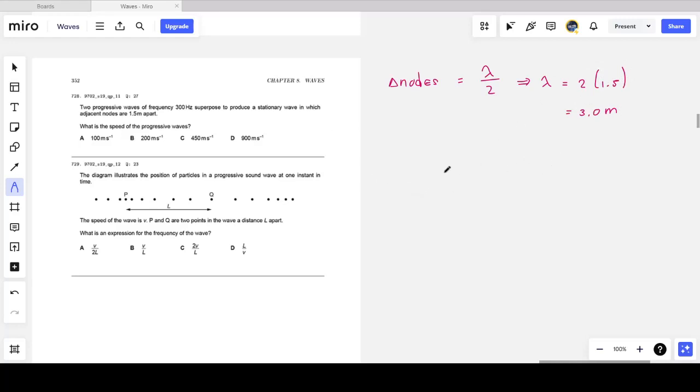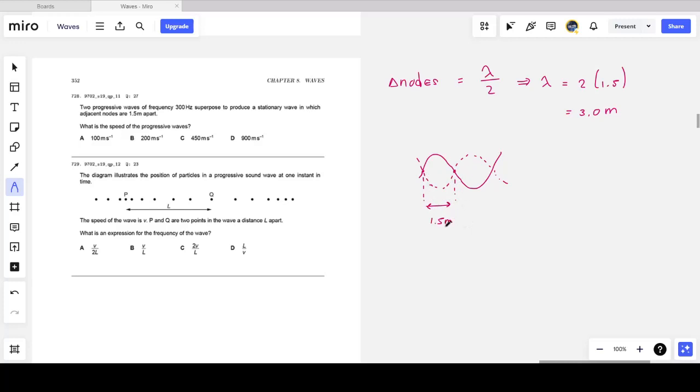Okay, and let's draw this actually. Let's just see what this looks like. So I have one wave superposing with another wave. And the separation between nodes, the nodes being the points of zero displacement, was 1.5 meters.